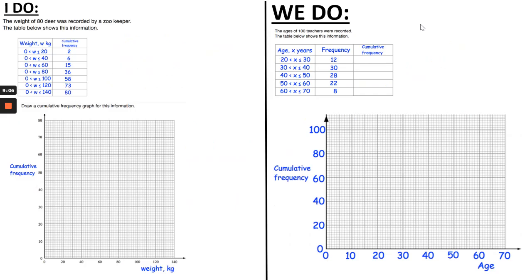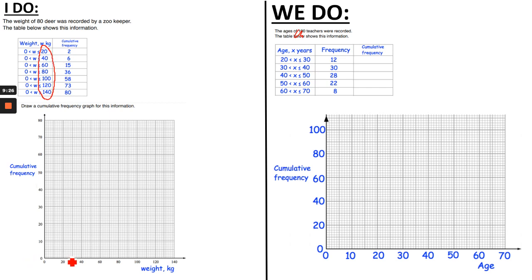Okay, now we're going to move on to cumulative frequency graphs. Cumulative frequency is the running total. In the first example, they've already done the running total for you. What we need to do is plot it, but cumulative frequency is plotted from the end point.